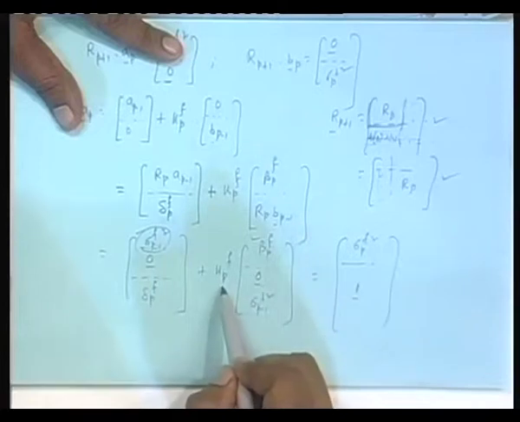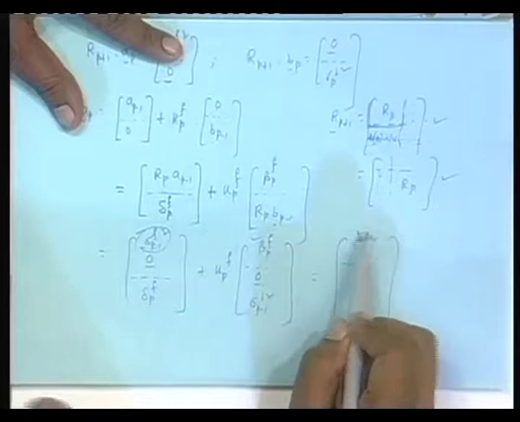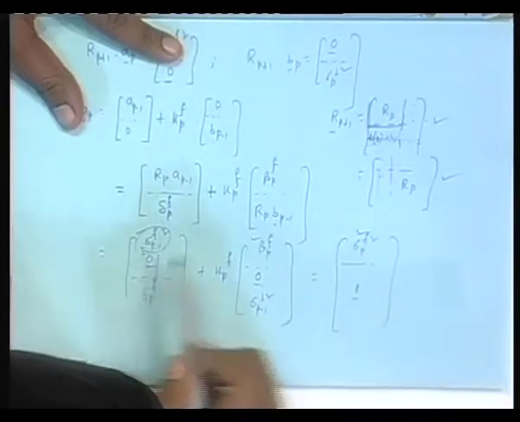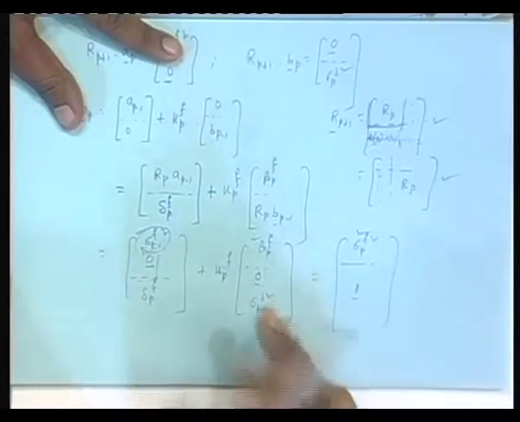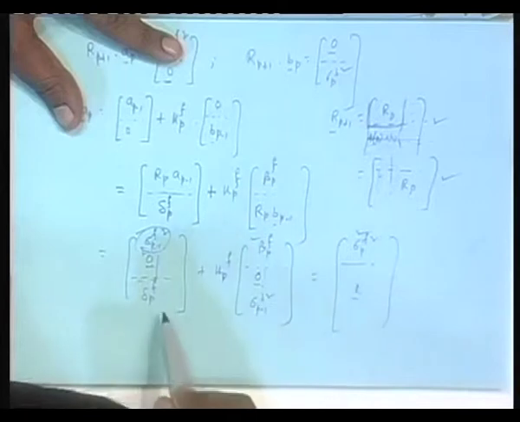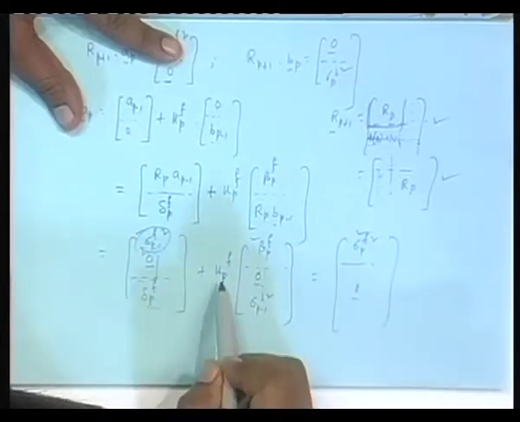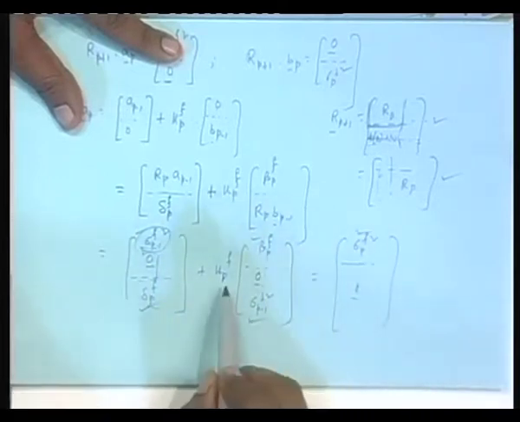If I know KPF, suppose I know KPF, in that case this plus KPF into this will be this unknown quantity that is obtained. Then there is a series of zeros here, 0 plus KPF times 0, they will restore those zeros required. Only the last row also has to be rendered into 0. So, that means this plus KPF times this must be equal to 0, but this is a known quantity, so that gives you KPF.